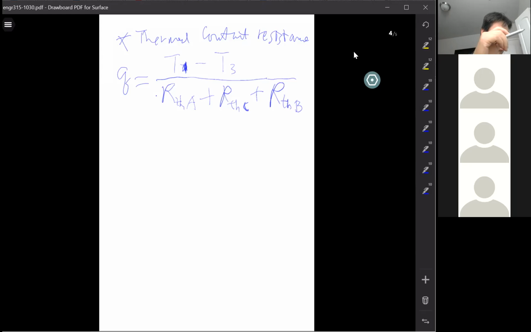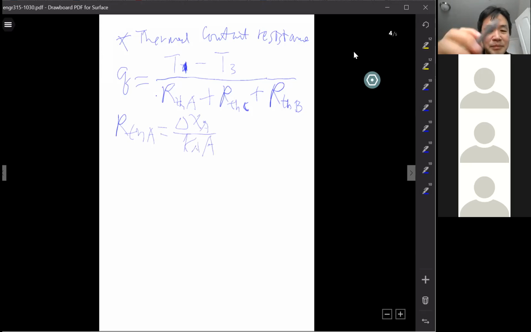So the resistances of A and B are easy. They're conduction, right? Anybody remember? Don't look at the book. See if you can memorize. Is it delta X over kA? Yes, delta X_A over k. Let's say they have different k. A is the same, it seems from the drawing.